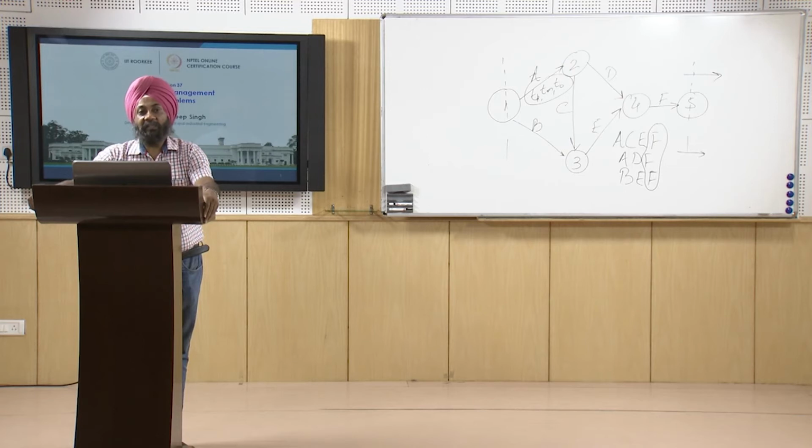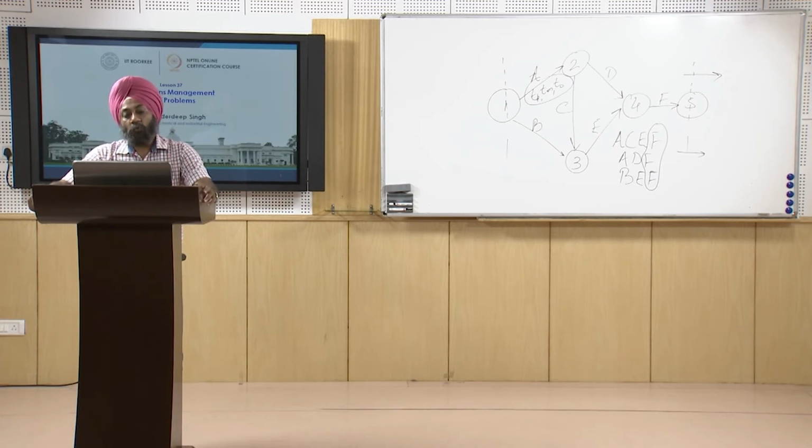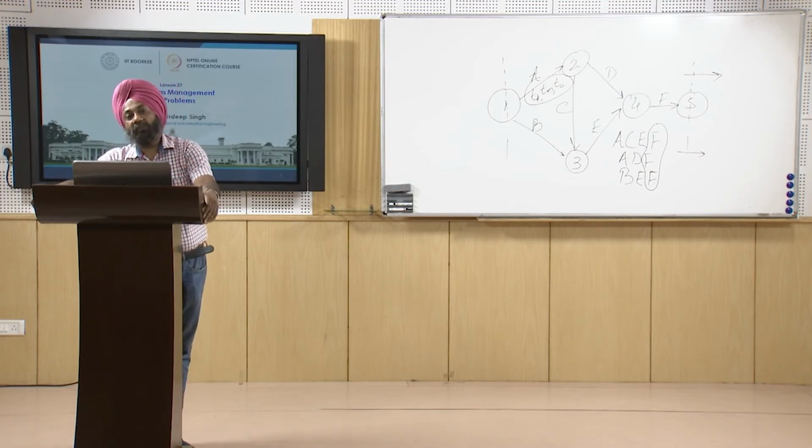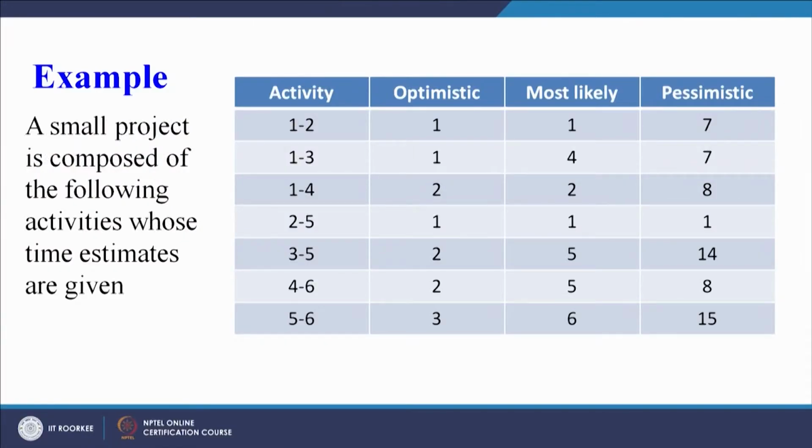One is activity is on the arrow, another one is activity is on the node. So here in this case 1 2 is the activity, the 1 and 2 represent the node, that 1 is the start node, 2 is the end node for the first activity. Similarly 1 3 is another activity starting at 1 and finishing at node 3.